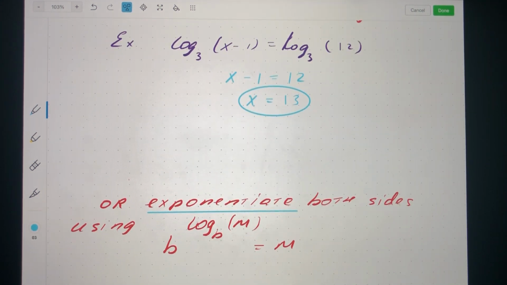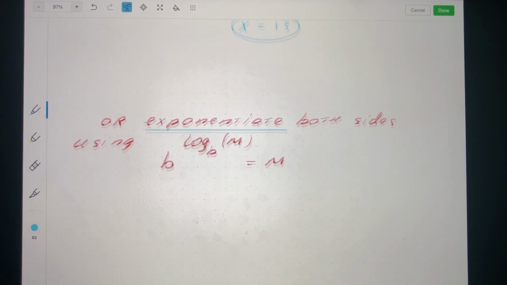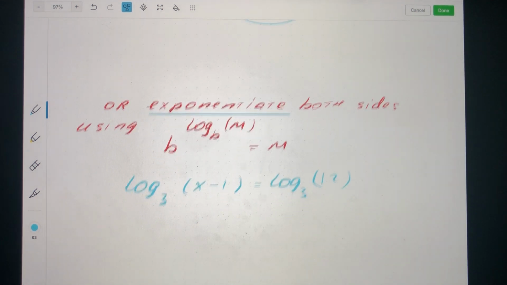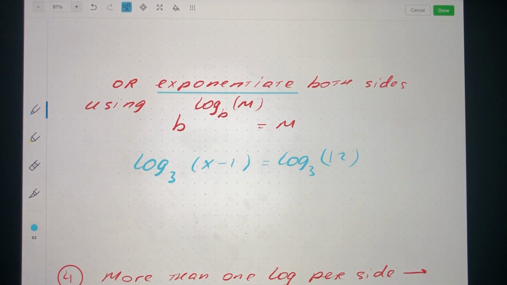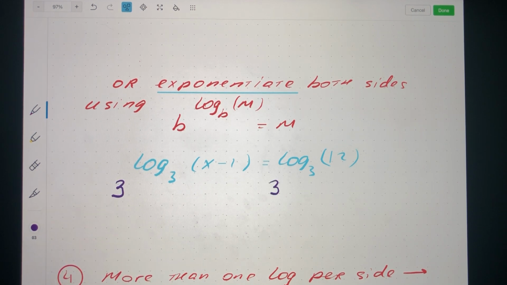Let's write it back: log base 3 of x minus 1 is log base 3 of 12. Well, if we make both of these halves powers of base 3, like so, 3 to the power of each, and then this equals in between, that would still be a true statement.